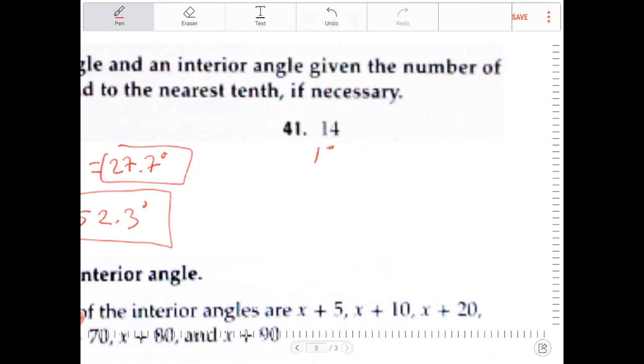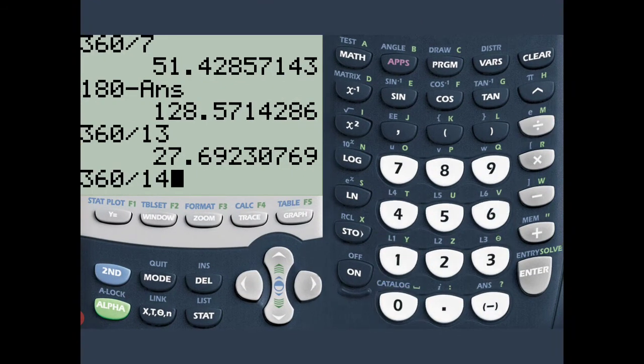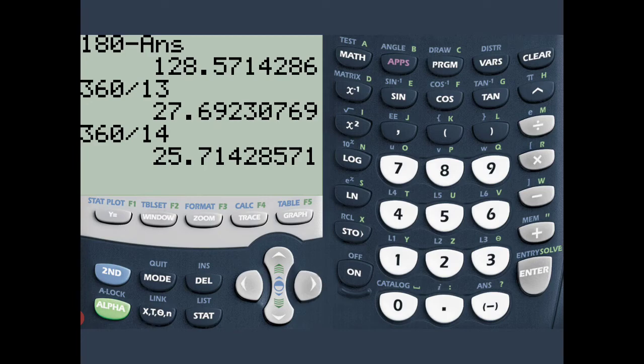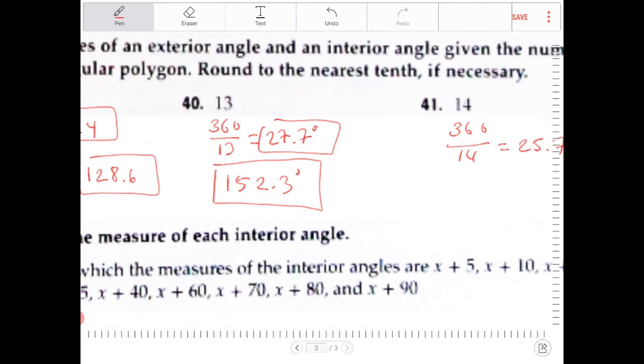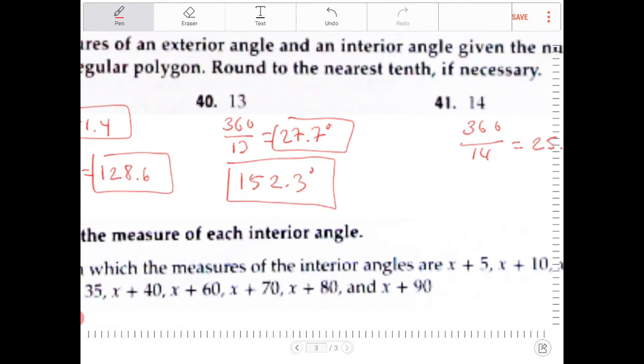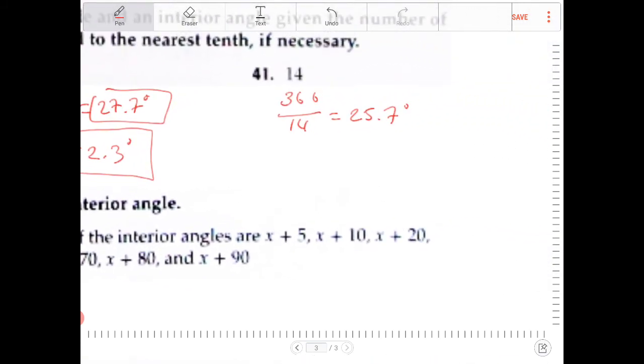And 360 divided by 14 is 25.7. So 180 minus 25.7 would be 154.3.